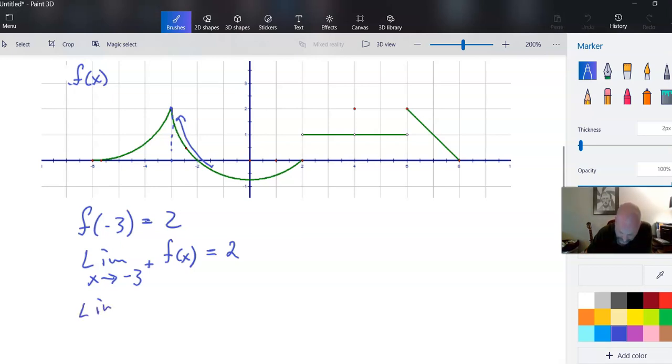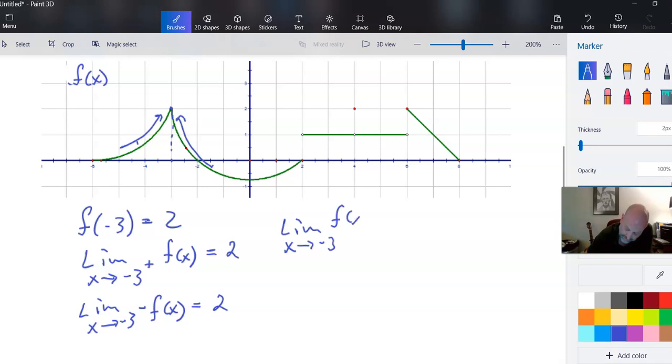Okay, no problem. I just look at the one side, and that's my answer. Then I want to look at the limit from the other side. So it's approaching -3 from the negative side of f of x. And if I look at that from this side, what's happening is it's approaching the exact same value. Okay, so the last question you're going to be asked is just the limit as x approaches -3 of f of x. Now, here's how this works.